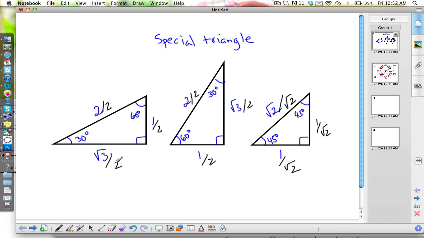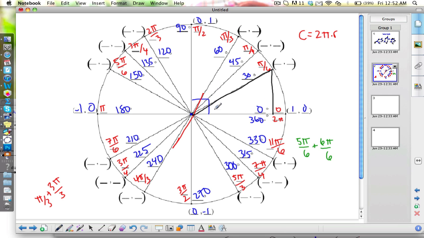Good. Okay. So this right here, if I were to make this a coordinate, and I'll say this one is 0, 0, then this coordinate would be over root 3 over 2, up 1/2. So if I use my circle, 30 degrees, remember 30 degrees, over root 3 over 2, up 1/2.